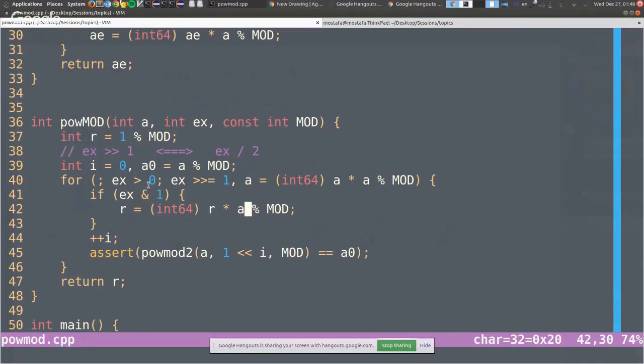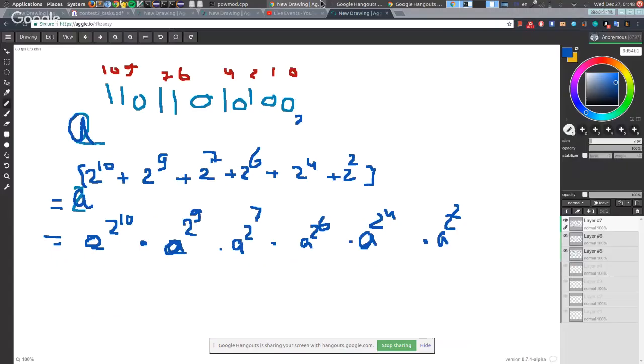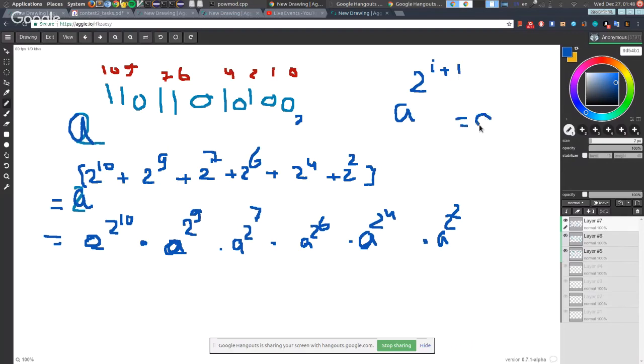So at the ith step of this loop, we're looping over these numbers, and each of these is the square of the one before it.